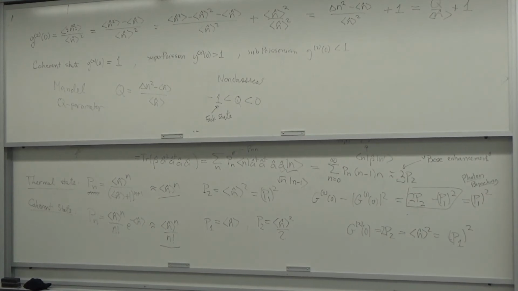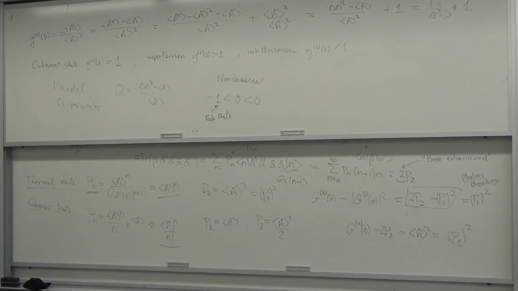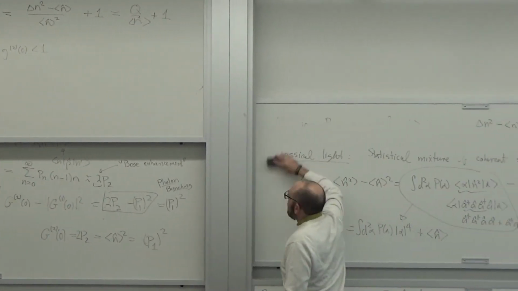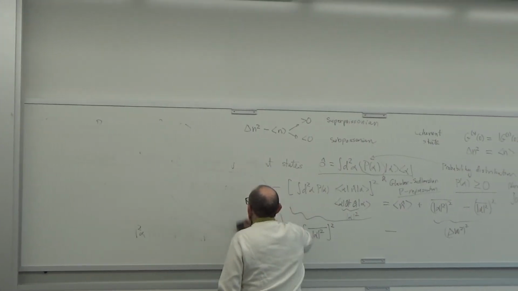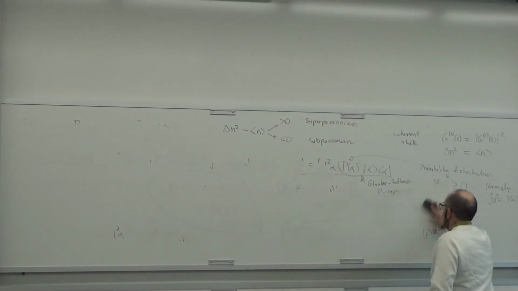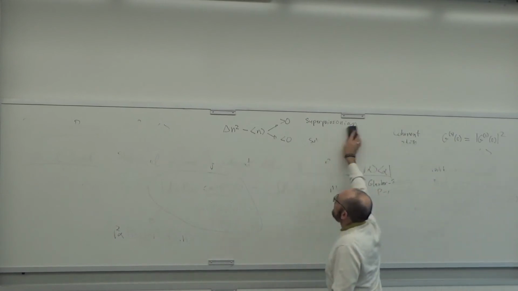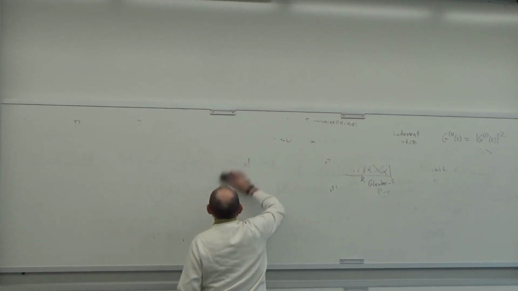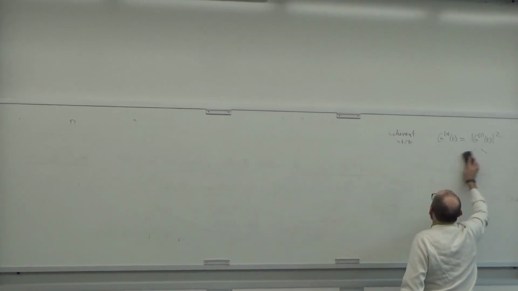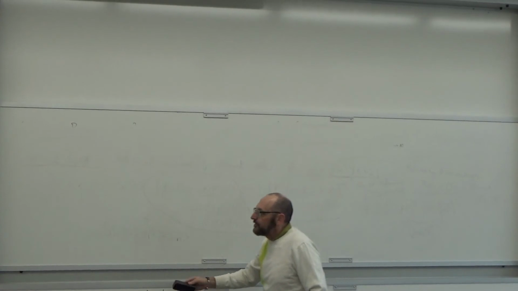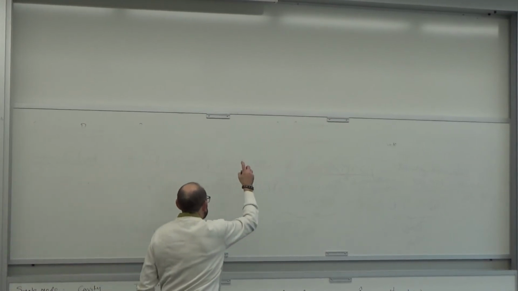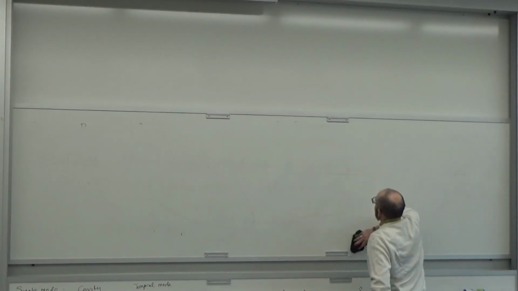So I want to look now at G2, not at 0, but G2 for tau bigger than 0. And in particular, let's start with, to build some intuition about this, we must erase the board. Okay, that worked.